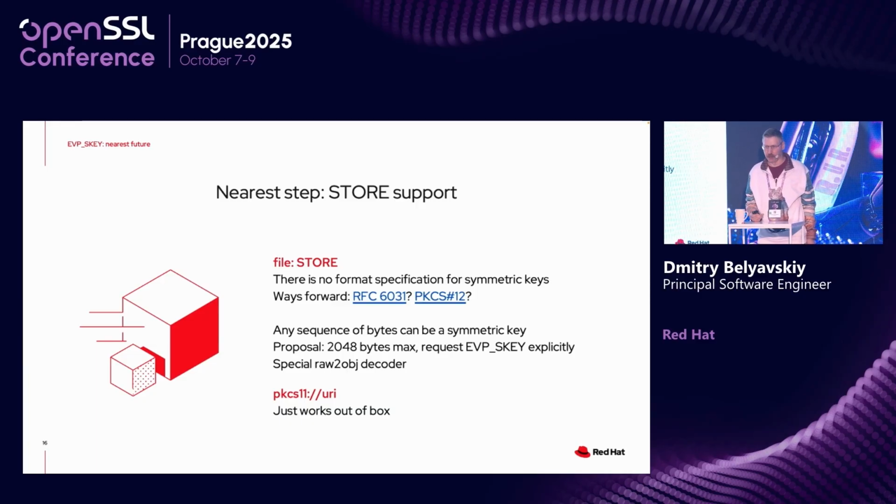I set it to 2048 bytes. You should explicitly request that you are reading EVP SK, that you are reading symmetric keys from the file. It's a place where I would like to get community feedback.